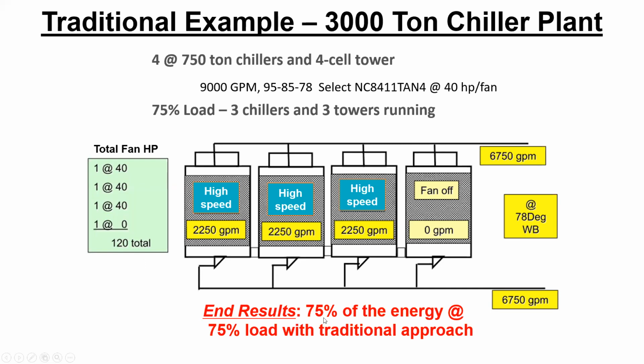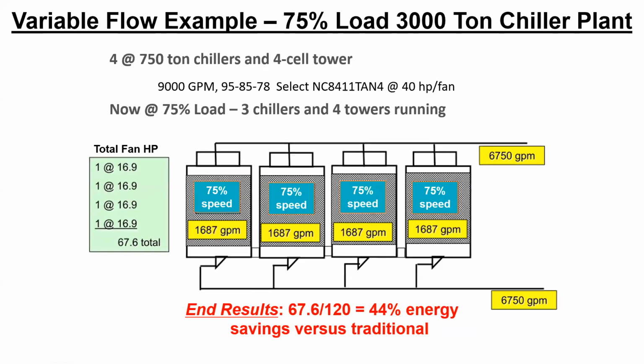That is the result at 75% load with the traditional approach. Now, for the same chiller load, with 3 chillers out of 4 working, instead of just running 3 towers, let's use all 4 towers, but at lower speed. In order to serve the chiller, we have to bring it down to 75%.